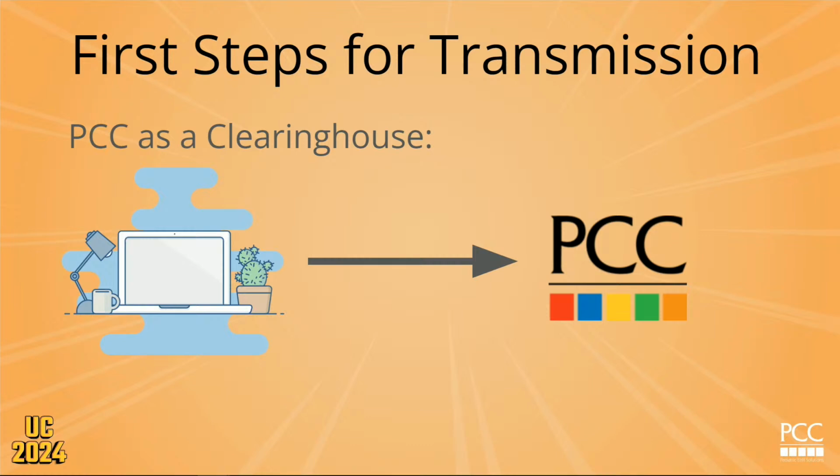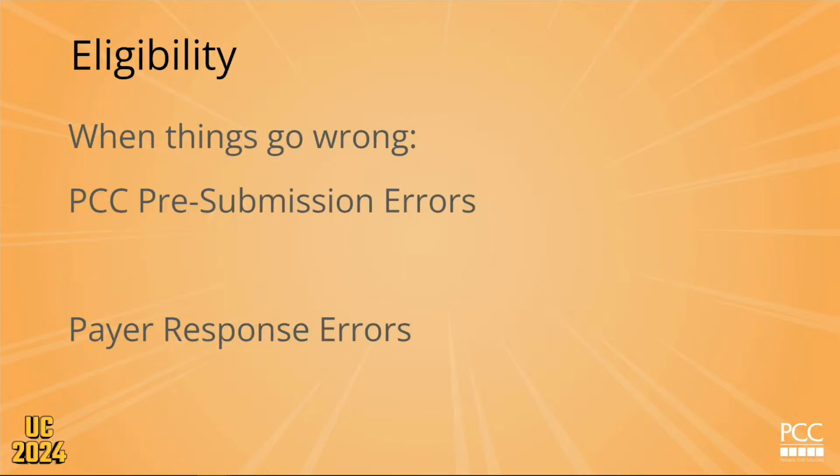We have a whole host of different payers and entities that we route stuff through. But we are the first step for all of that. It goes to our local PCC servers, we take that information and then process it out to individual clearinghouses. So if you happen to have any ERA signups, you may end up having the answer that PCC is your clearinghouse.